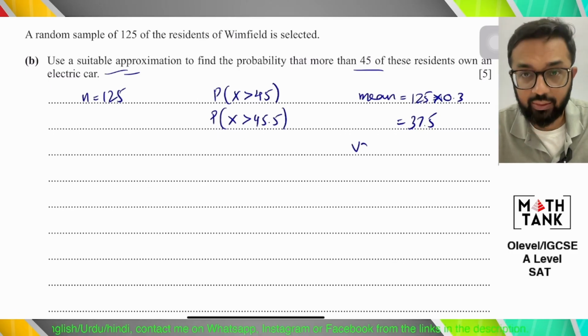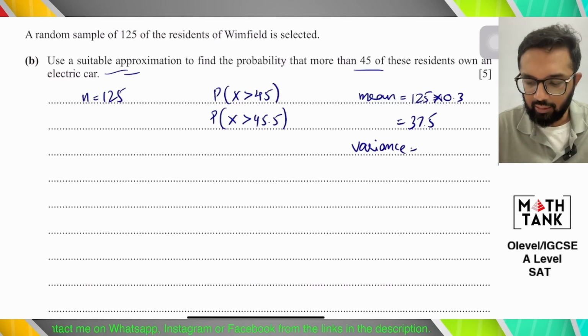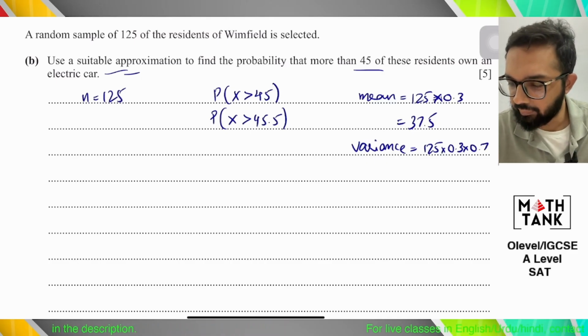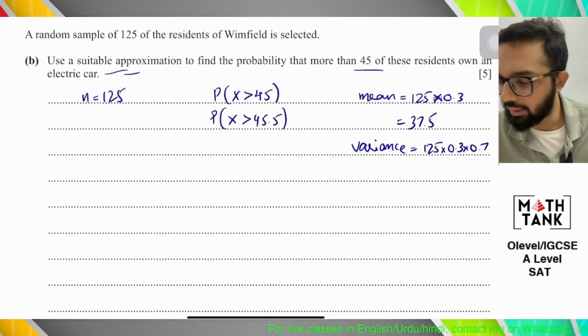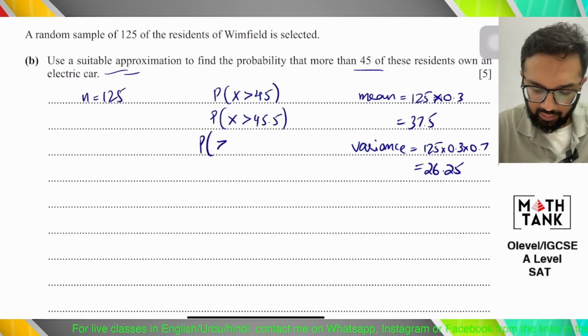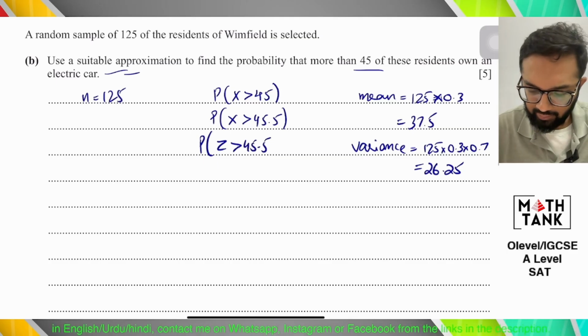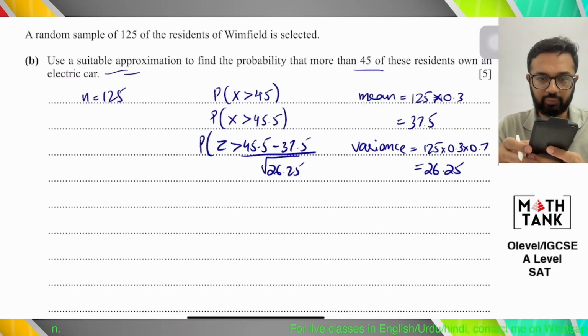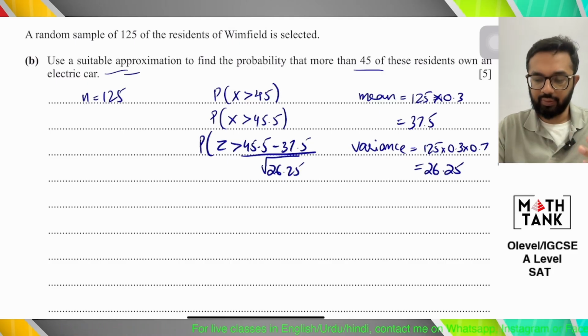And variance, npq, 26.25. So Z greater than 45.5 minus 37.5 divided by the root of 26.25, which is 1.561.